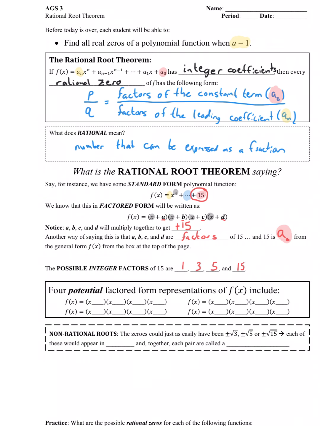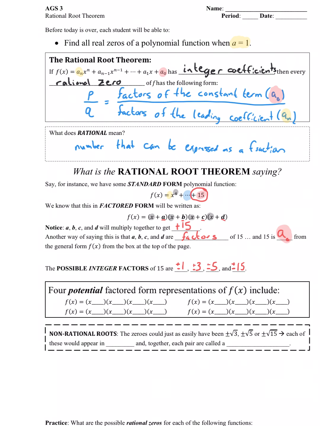So the only tricky part is I could say positive 1 times positive 15 equals positive 15. Or I could also say negative 1 times negative 15 equals positive 15. So I have to consider both positive and negative factors. Same thing happens with 3 and 5, right? I could say, hey, negative 3 times negative 5 equals positive 15.